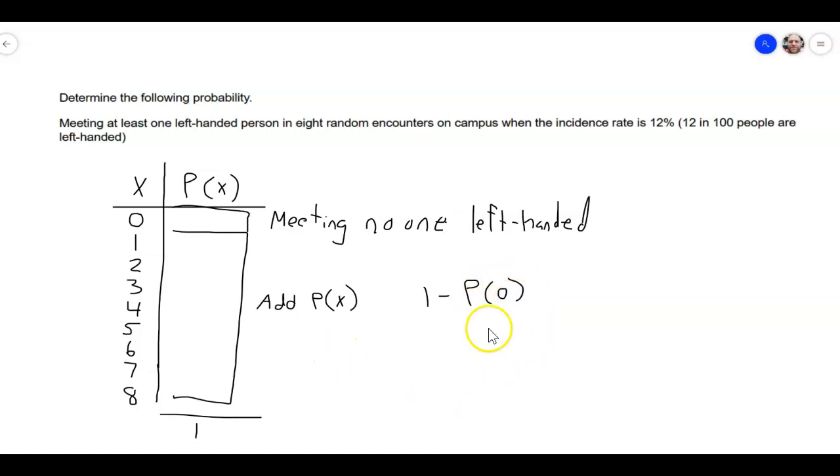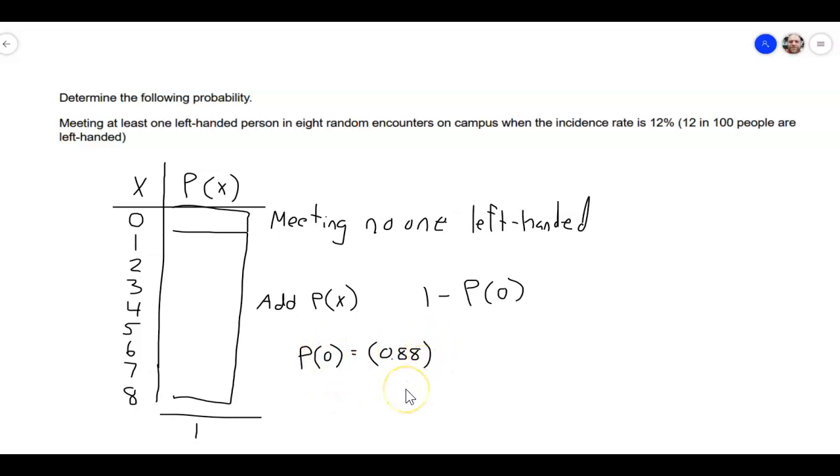In order to find the probability of nobody being left-handed, we take the probability that one person is not left-handed. If one person is left-handed, it's 12%. So if they're not left-handed, it has to add up to 100%, so that would be 100 minus 12, which is 88%. So this is going to be 0.88. This is the probability that no one is left-handed.